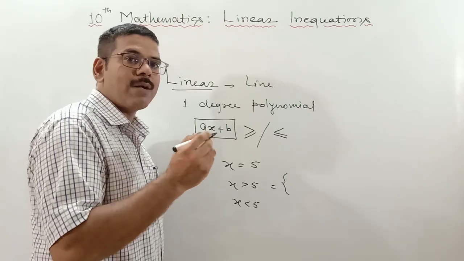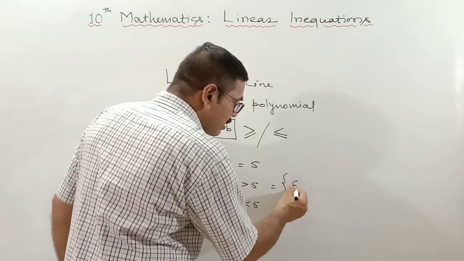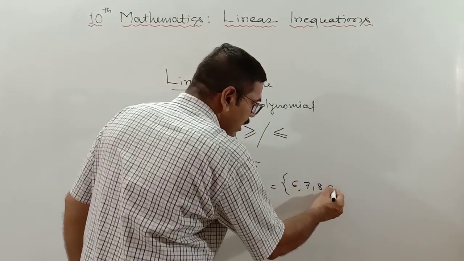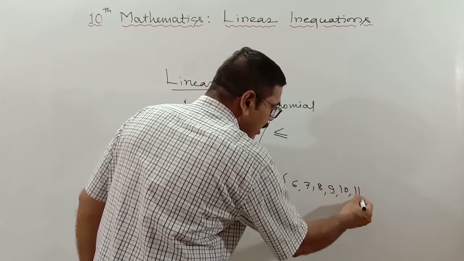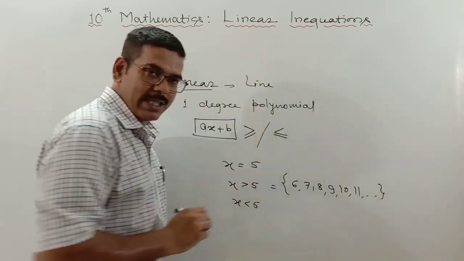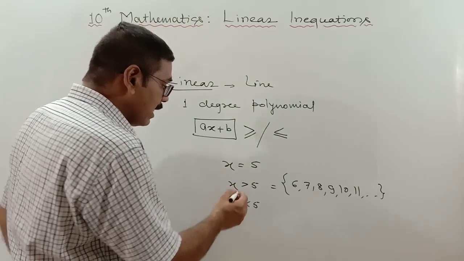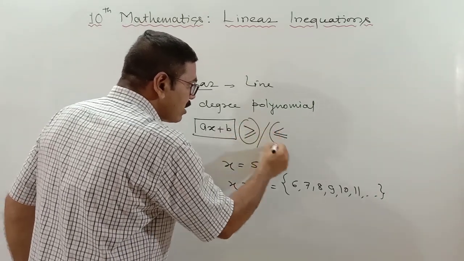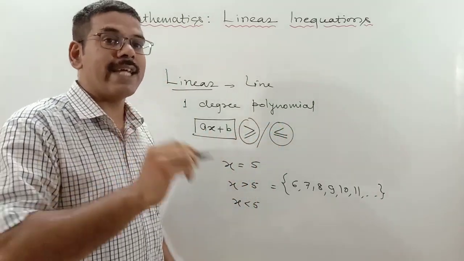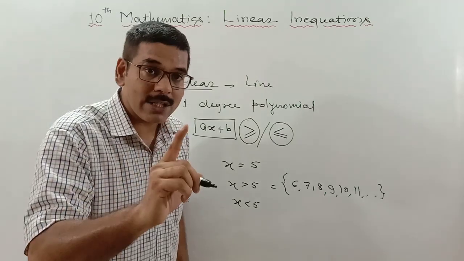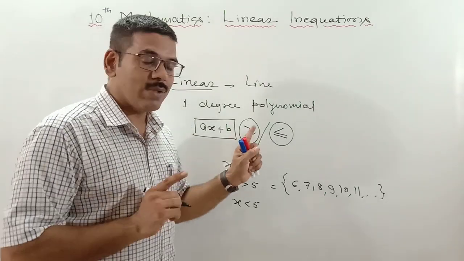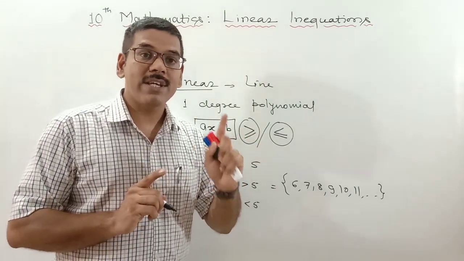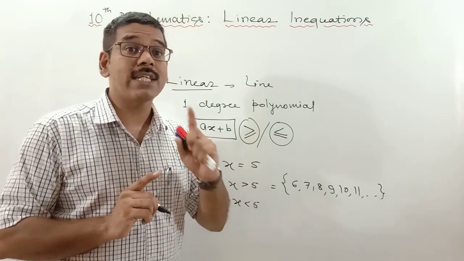Suppose we are just talking about integers, it will be 6, 7, 8, 9, 10, 11 and so on. Is it clear? So exactly, this inequation shows the solution set. There is not a single solution attached with it. With each and every inequation a solution set is attached.